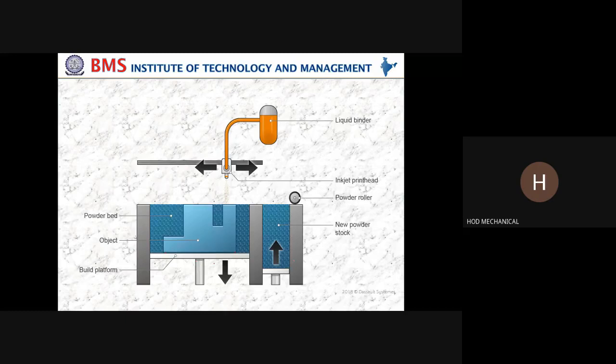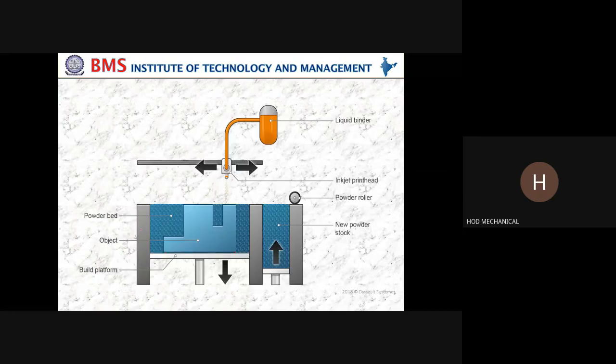After that, again you roll the powder, then again you spray the binder. It is a repetition of the powder layer followed by the binder. It is used for holding operation.